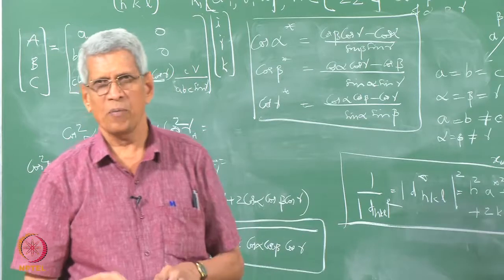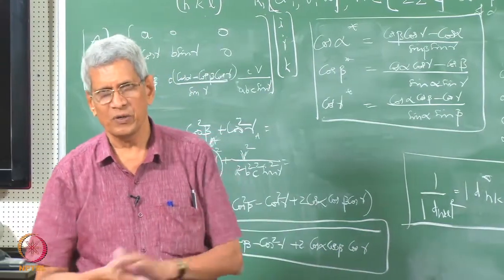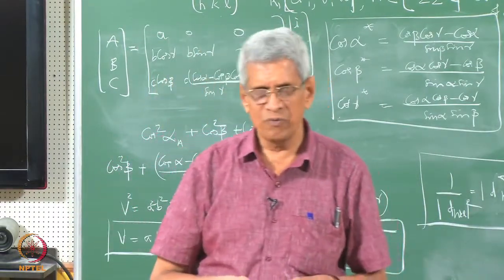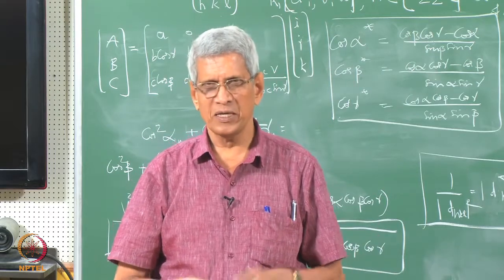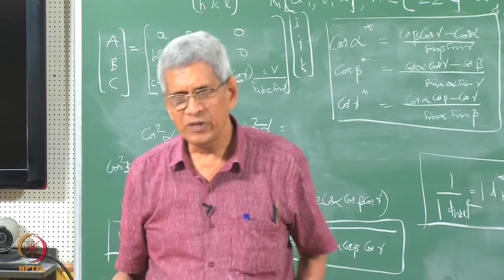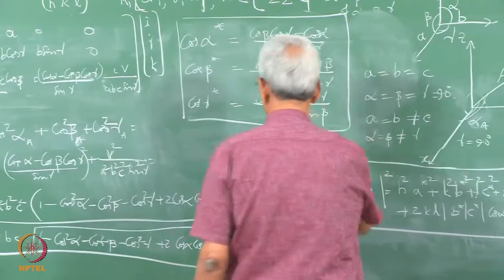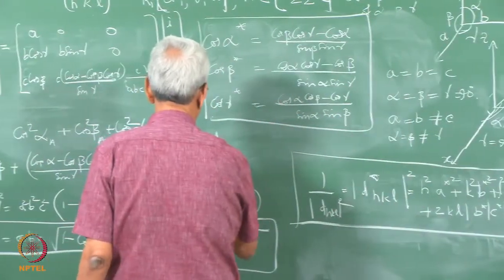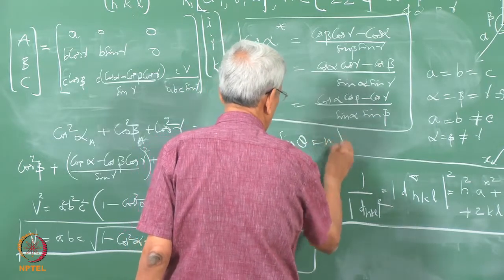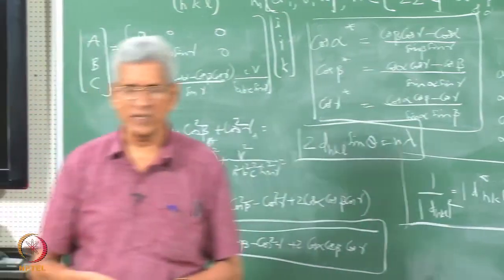Why we require these formulas is that quite often when we want to index diffraction patterns, we should be able to find out what the interplanar spacing is, because we use the Bragg condition, which is nothing but 2 d_hkl sin theta equals n lambda, to define the diffraction peaks.